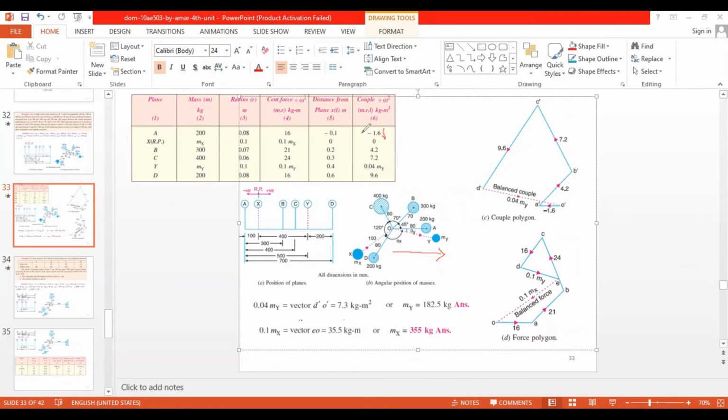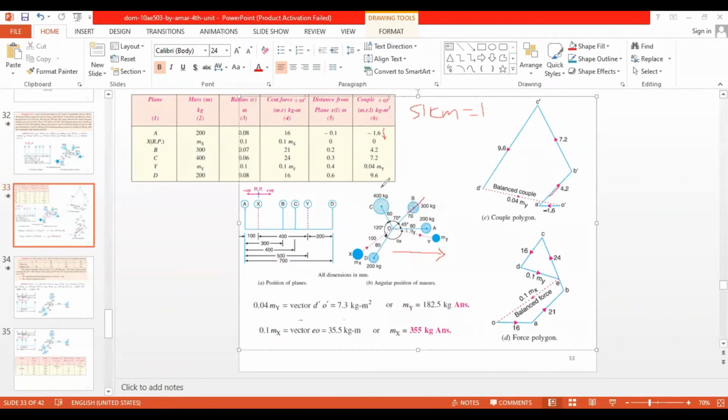Since the earlier one had a minus, I drew it this way, but since this does not have any minus, this will go this way. So that is 4.2. For our scale, if I take 1 cm as 1 unit of this diagram, this will be 4.2, A to B. This angle and these are parallel.